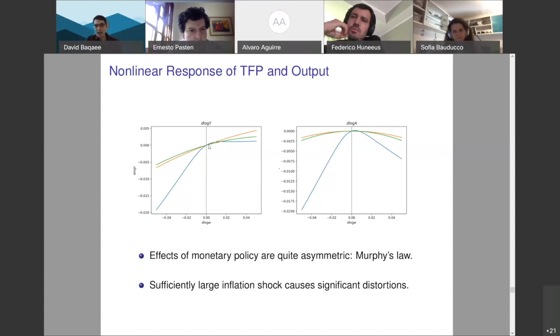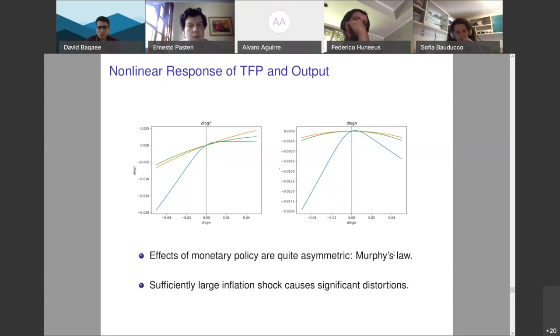And so you get basically an inability to stimulate the economy because the employment effects and the TFP effects are fighting each other. And on the flip side, monetary policy can do a lot of damage if it wants to, because it can both reduce employment and make TFP worse at the same time. Okay, so you sort of have a Murphy's law of central banking here, which is you can't stimulate a ton, but you can do a lot of damage if you wanted to.